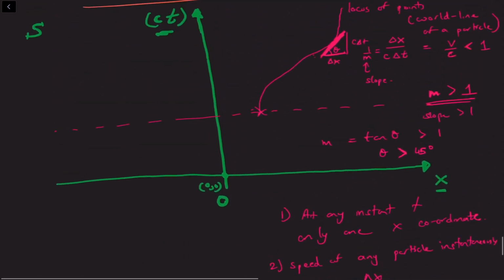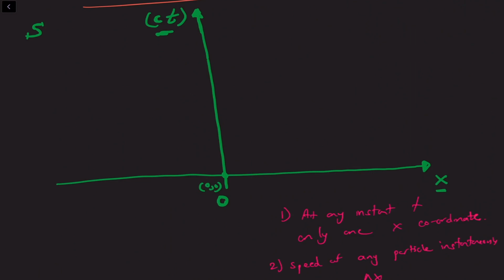In other words, I cannot have a particle world line that looks something like this, because this slope would mean that it's traveling at a speed greater than the speed of light. So let's erase these things on the diagram.